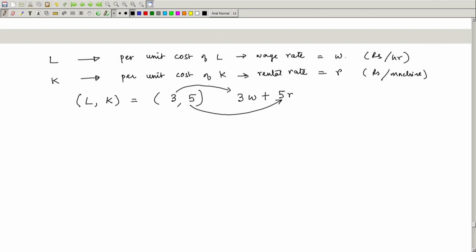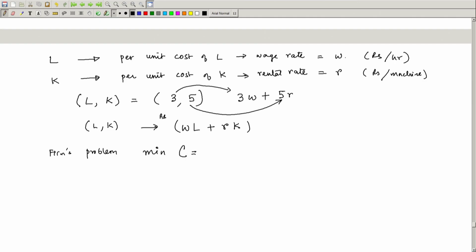Now in general, instead of using 3 comma 5 or 4 comma 6 or 2 comma 8, suppose I had a generic bundle L comma K. That's going to cost me WL plus RK rupees. So what's the firm's problem? The firm's objective is to minimize this cost.